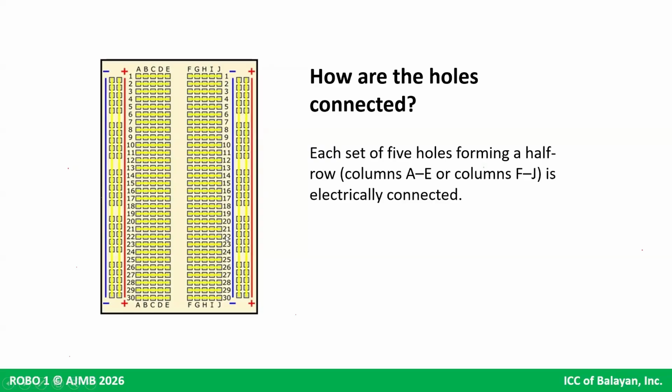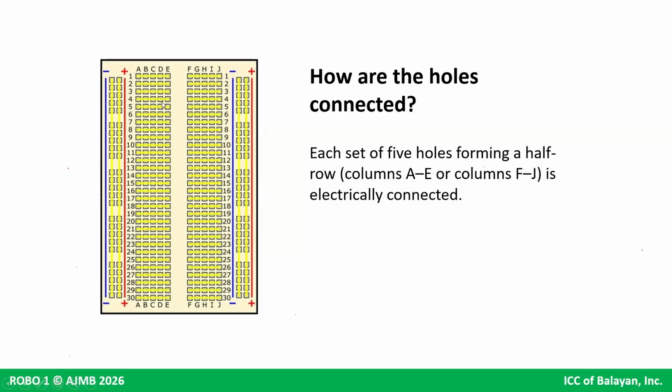So from 1 to 30, yung holes along this negative blue line and this positive red line, connected sila sa isa't isa, pero not on each other. What I mean is, yung negative dito, hindi siya connected doon sa plus doon. Actually, don't do that. You're going to get a short circuit. But across the positive power rails, that's connected. Negative power rail, that's connected. I keep repeating that because, again, you have to remember.